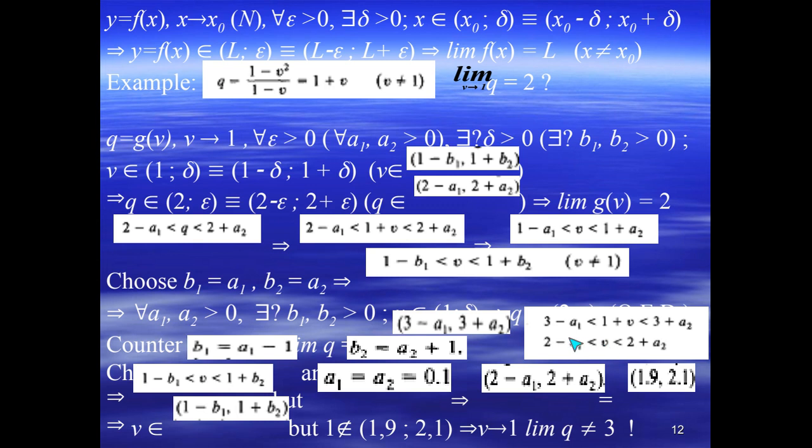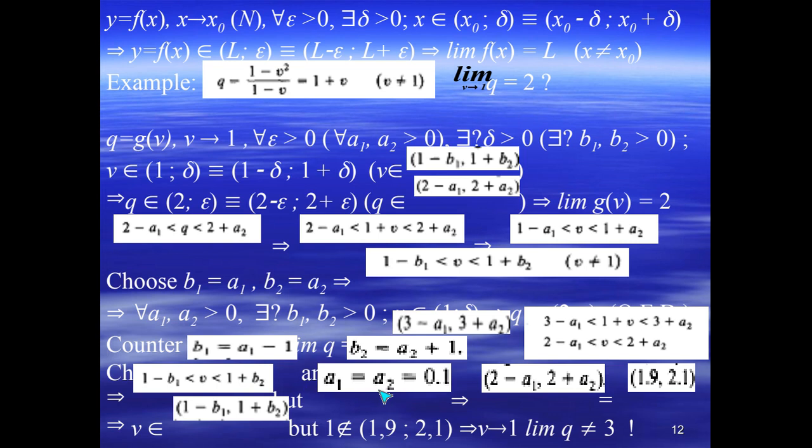So here I replace a1 by b1 plus 1, and here a2 by b2 minus 1. What do I obtain? 2 minus b1 plus 1 is 2 minus b1 minus 1. So 1 minus b1 less than v less than 1 plus b2.